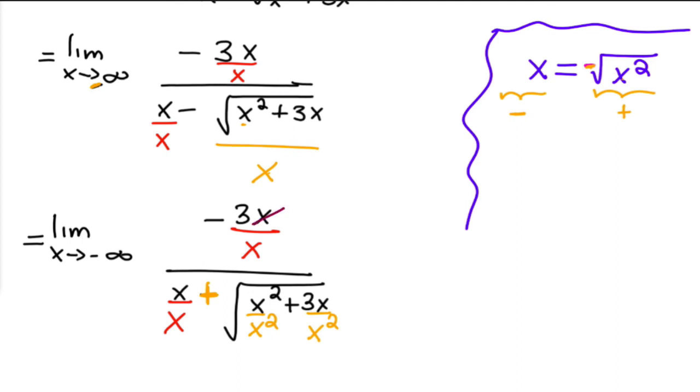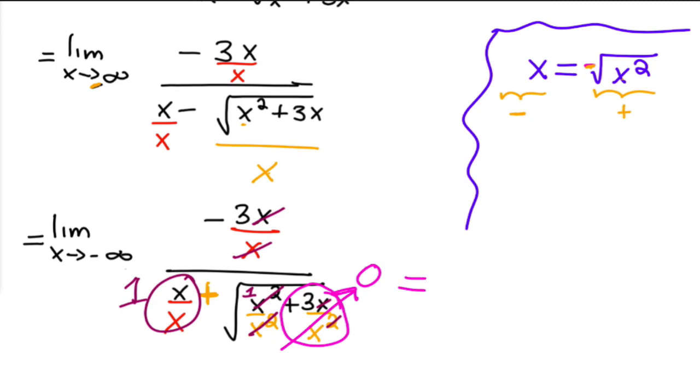Now, here the x's cancel. Here the x's cancel. That's equal to the number 1. Here the x squareds cancel and you're left with the number 1. Here 1x cancels with one of these. So this guy right here is going towards 0.